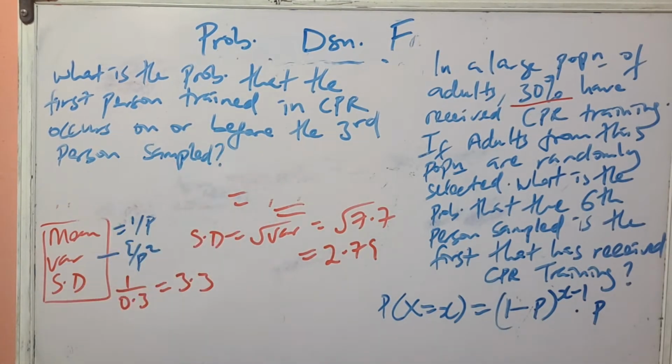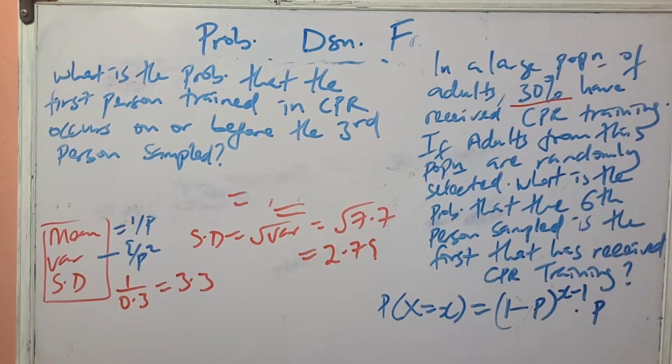So this is the question for you to answer diligently. Based on the data you have been given initially, what's the probability that the first person trained in CPR occurs on or before the third person sampled?